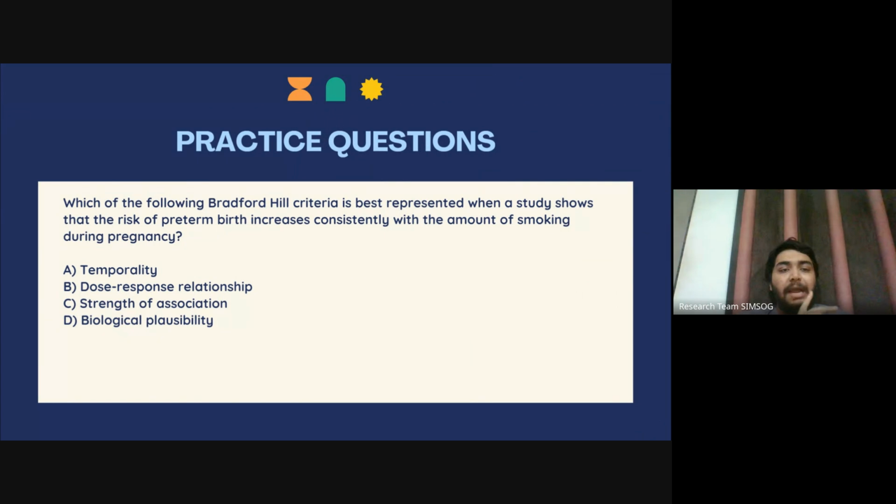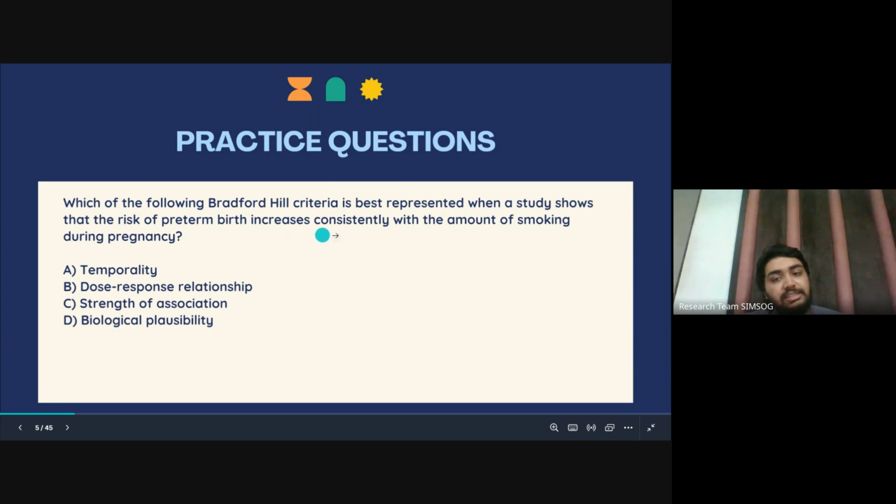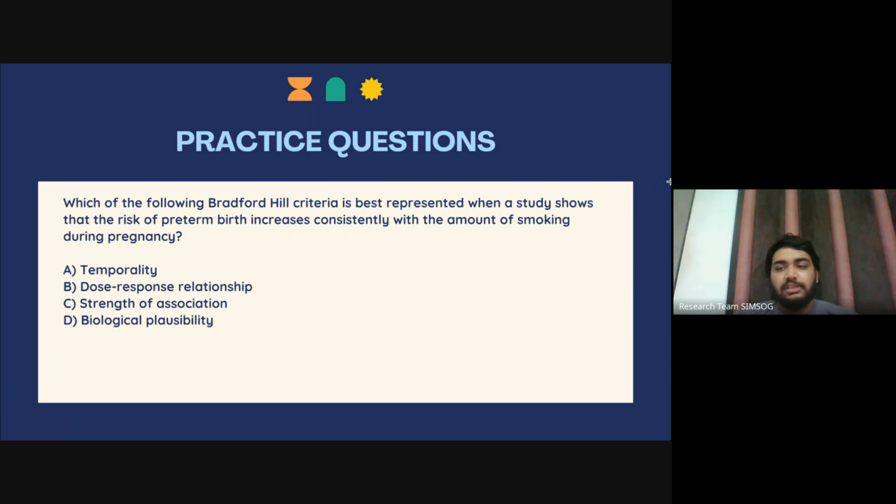Now, a few practice questions. Which of the following Bradford Hill criteria is best represented when a study shows that the risk of preterm birth increases consistently with the amount of smoking during pregnancy? Risk increases consistently with the amount of smoking. Does anybody want to answer? You can just unmute and say.